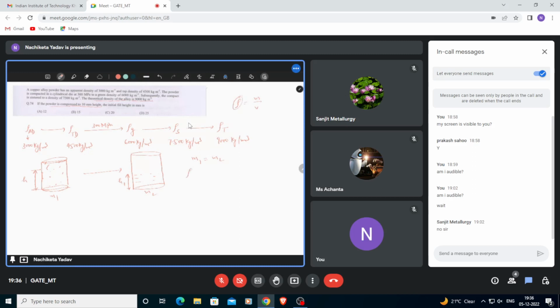So the apparent density, rho AD, will be equal to mass over the volume of the powder. Suppose it is V1, this is green density, and suppose it is V2. So can you solve now? Is it okay?